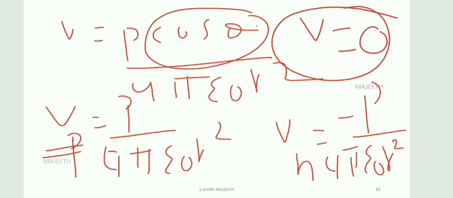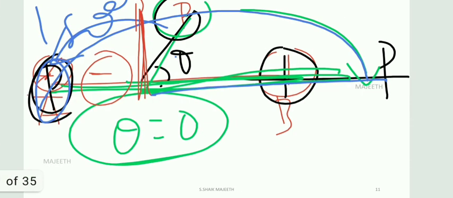So in the dipole, if your potential point lies on the right side of the positive charge, the potential is V equal to P by 4 pi epsilon naught r square. Left side means minus P by 4 pi epsilon naught r square. If your potential point is perpendicular to the dipole, then the potential at that point is 0.